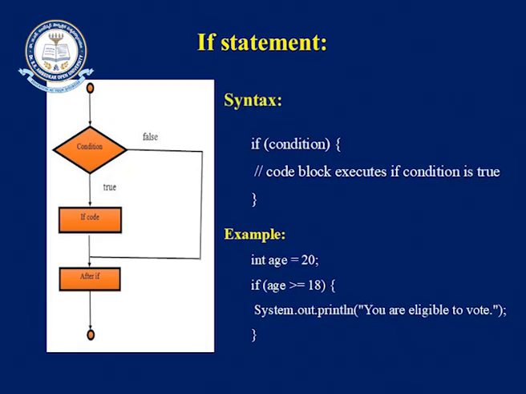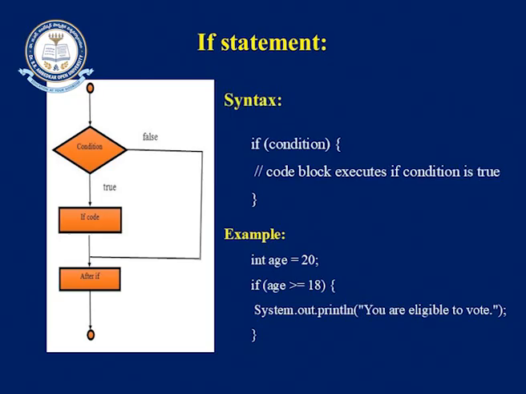If this is true, then the following statement gets executed. So I am checking whether the person is eligible to cast his or her vote. I assign the value of age as 20 and check the age here, deciding whether this statement gets executed or not. In this case it gets executed, because the age value is greater than 18. In that way you can control the flow and decide whether a particular statement should get executed or not.